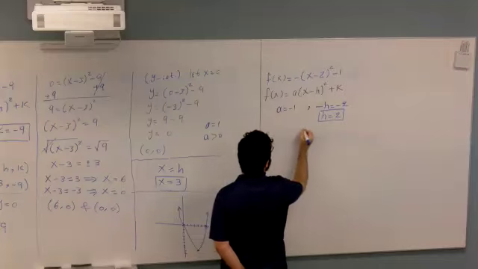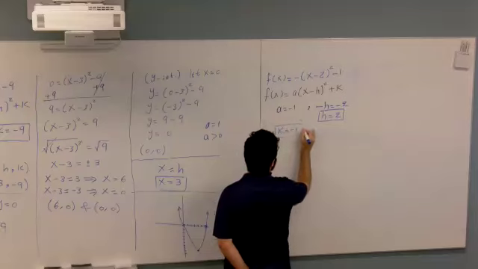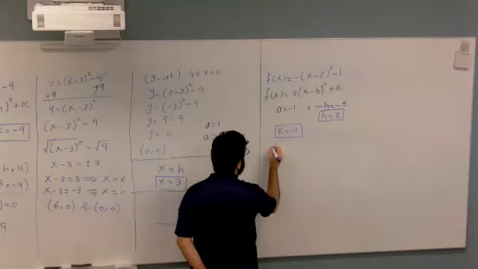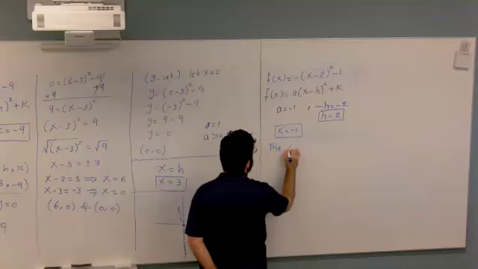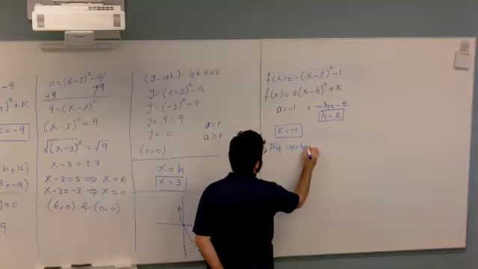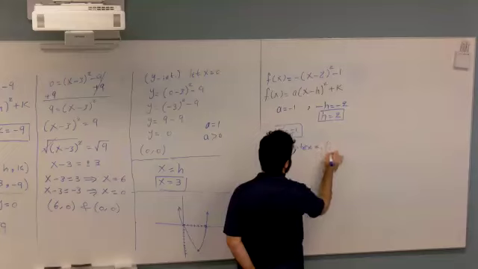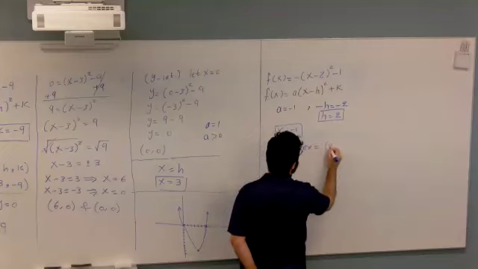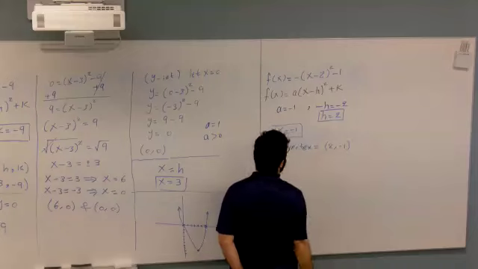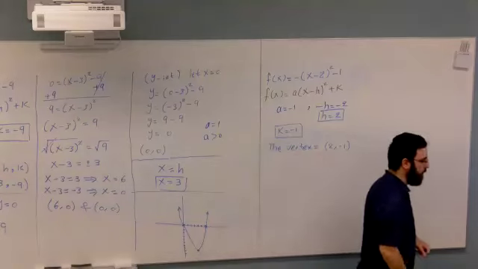How much is the value of K? K equals -1. Then from the first part, that means the vertex point equals what? H is 2, K is -1. So we're done with the first part.